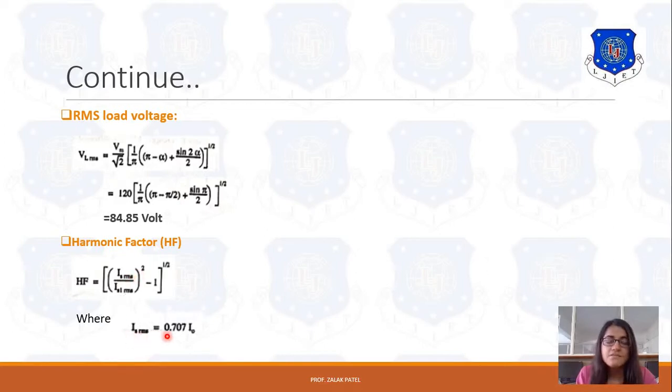IS RMS is given by 0.707 I0, and the second one is given by 2 root 2 I0 upon pi cos alpha by 2. This is the fundamental value of the supply current. Pi by 2 is the firing angle, so it becomes cos pi by 4. If you solve this, it is 0.6366 I0.